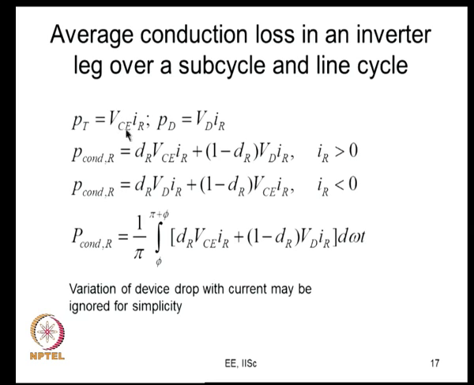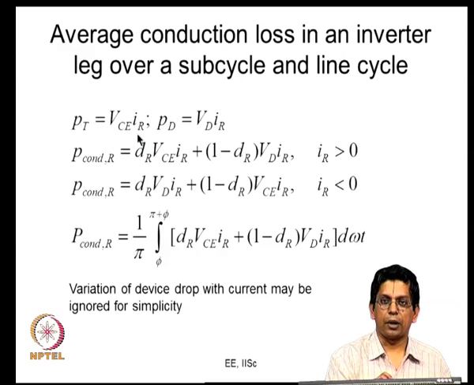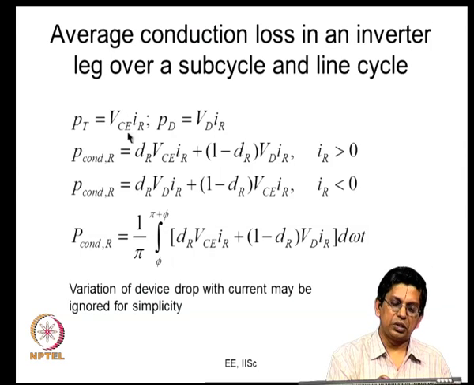We are considering an IGBT where VCE is constant. So, it is like saying that during the on-state the device is modeled by a voltage source. So, VCE into IR is the instantaneous power dissipated in the transistor.